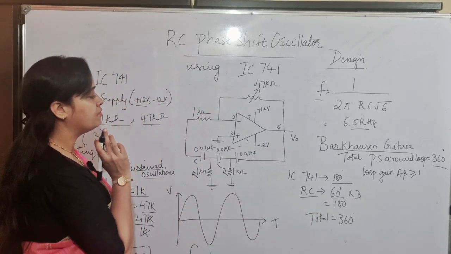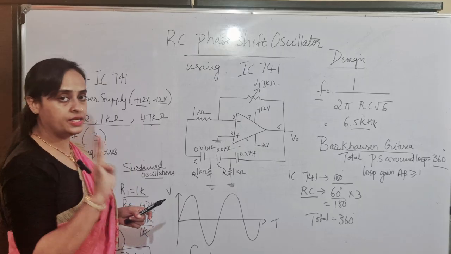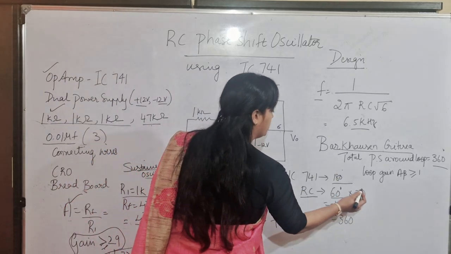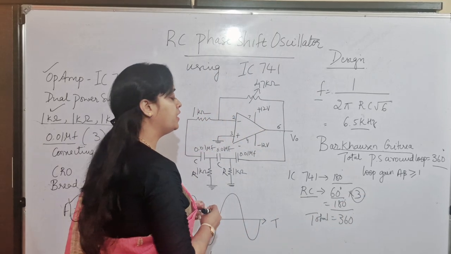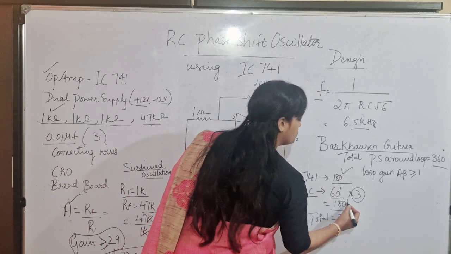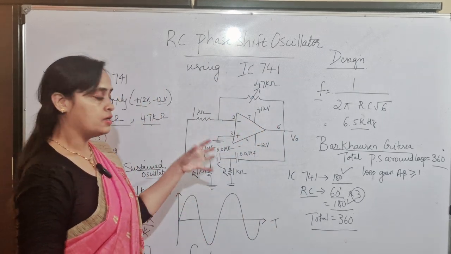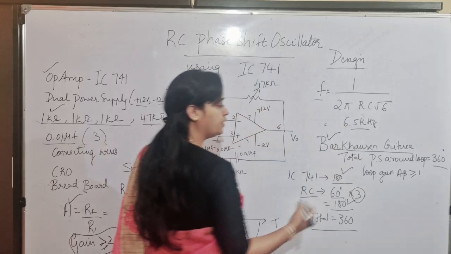From the circuit diagram we can observe we have 3 different RC networks. If one RC can generate 60 degrees, then 3 RC will generate a phase shift of 180 degrees. Therefore 180 plus 180, the total phase shift produced by this network is 360 degrees, which will satisfy Barkhausen's criteria.